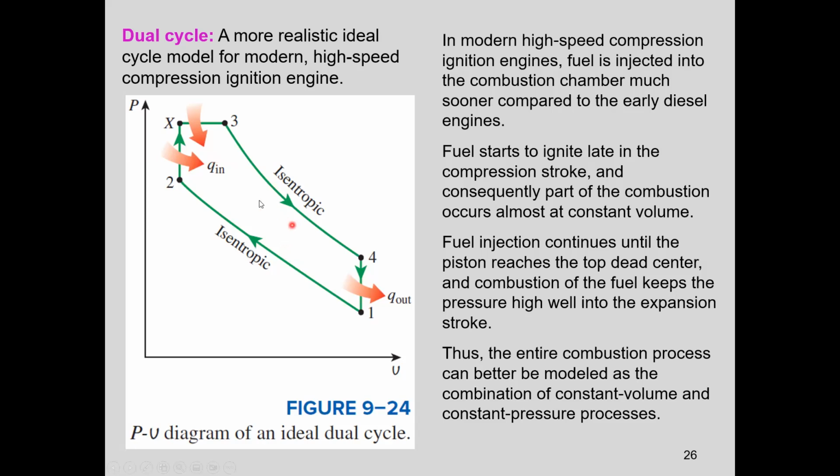The model of the combustion process is the only difference between the diesel cycle and the dual cycle. Both are ideal cycles representing compression ignition engines, but the diesel cycle is a better representation for old diesel engines, while the dual cycle is a better representation for modern diesel engines.